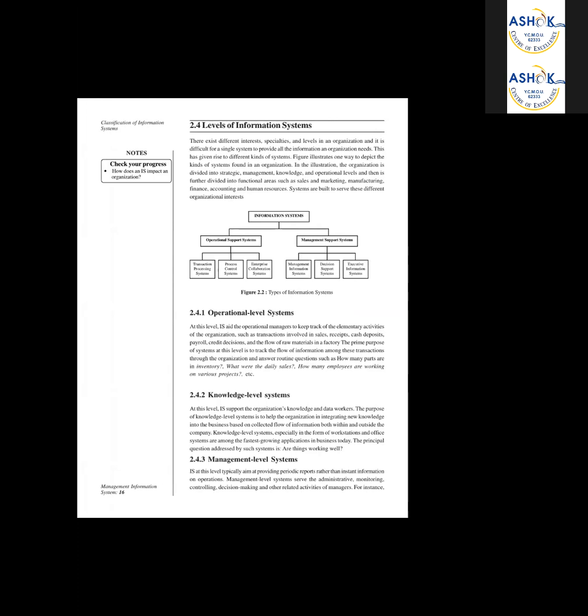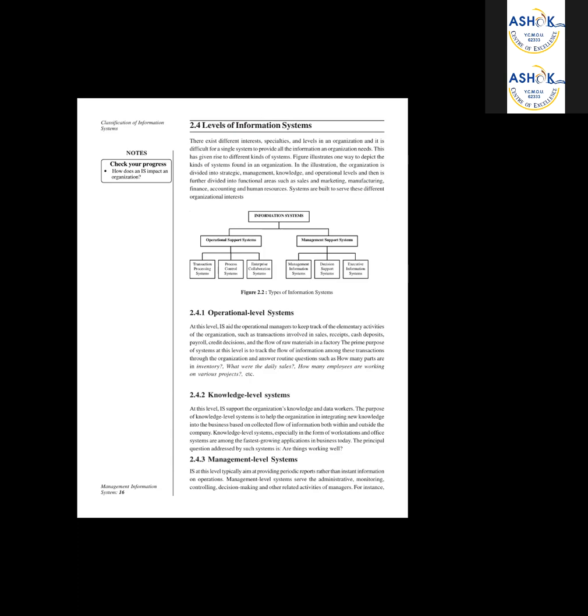This has given rise to different kinds of systems. The figure shows one way to describe the kinds of systems found in an organization. In this structure, the organization is divided into strategic, management, knowledge, and operational levels, and then it is further divided into functional areas such as sales and marketing, manufacturing, finance, accounting, and human resources. Systems are built to serve these different organizational interests.